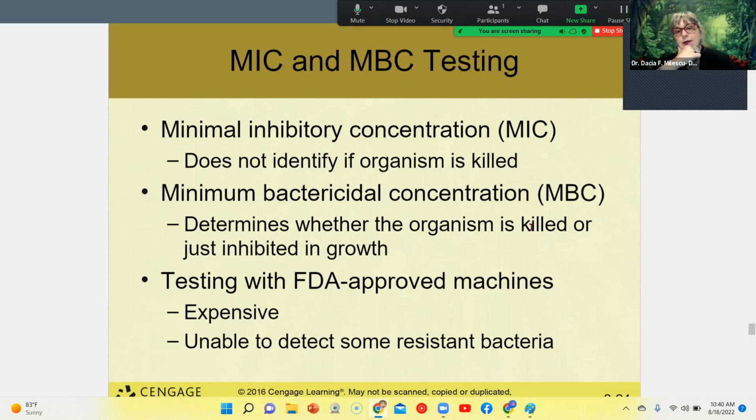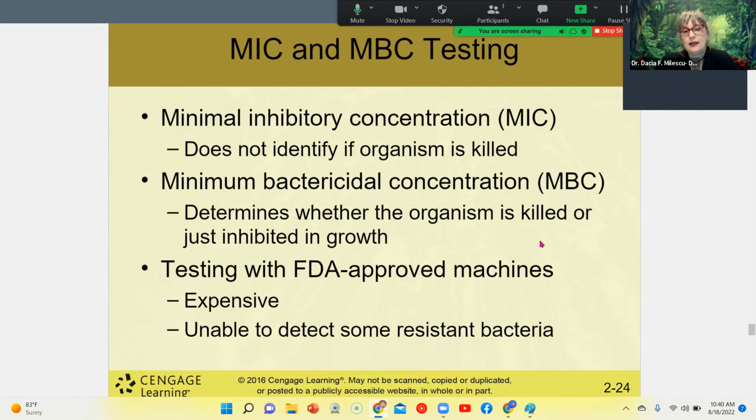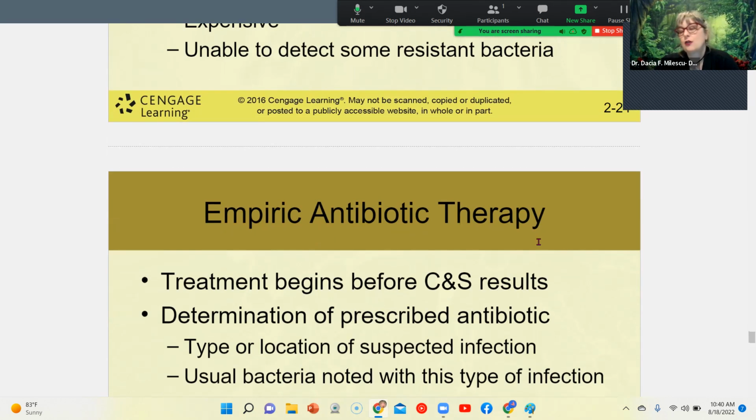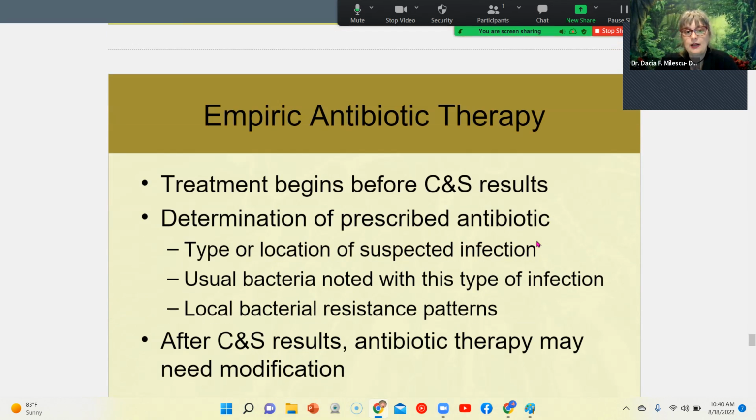So the minimum inhibitory concentration does not identify if the organism is killed. So you can have the minimum bactericidal concentration, which will determine whether the organism is killed or just inhibited. And of course, you do the testing with FDA-approved machines that may be expensive and unable to detect certain resistant bacteria. So it's easy to just go on with that Kirby-Bauer test that I mentioned.